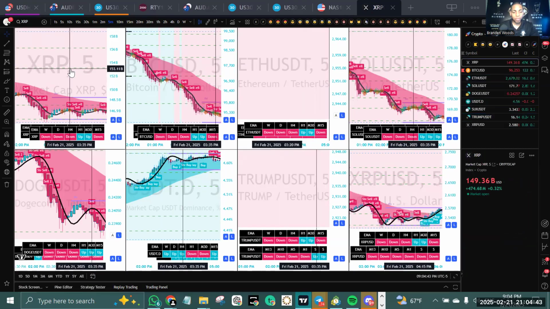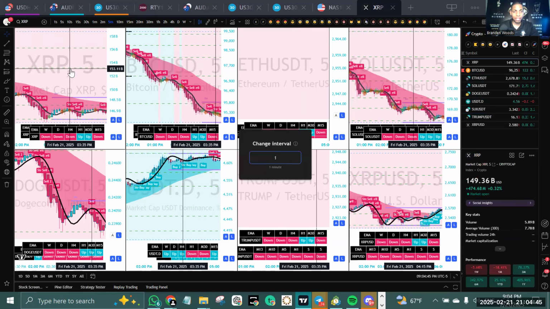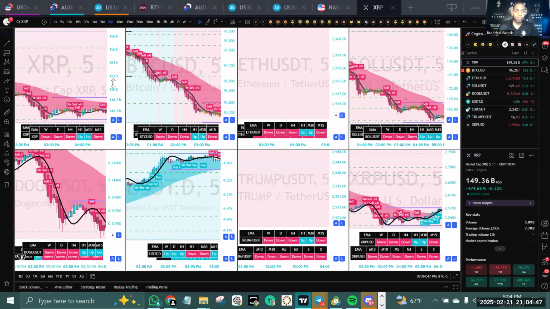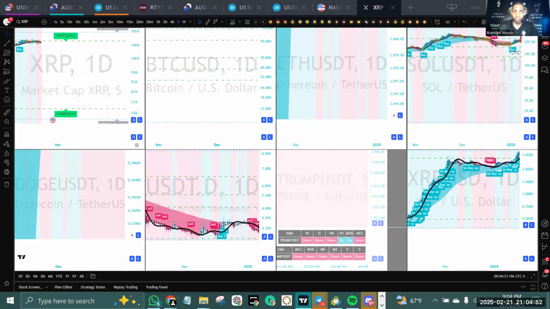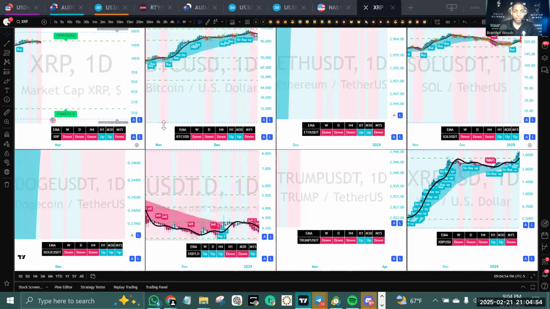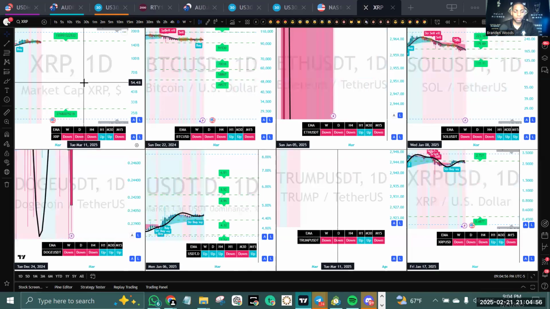When we're looking at this, we might want to look at it on the daily instead. So looking at it on the daily, we'll actually open up Ripple right now so you can actually see.